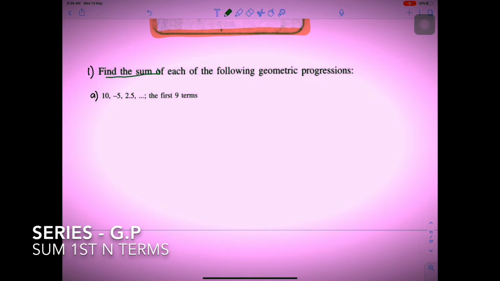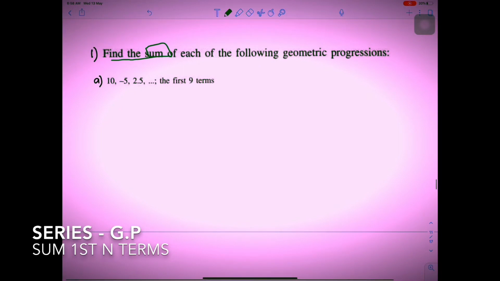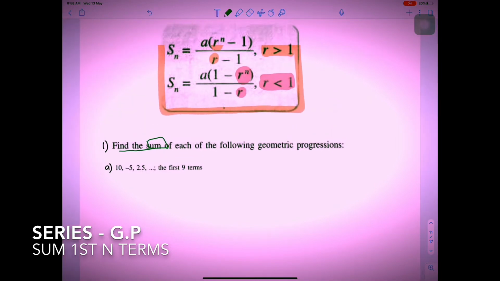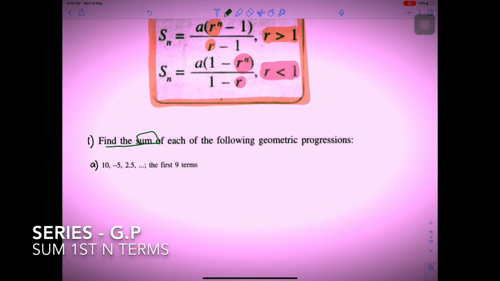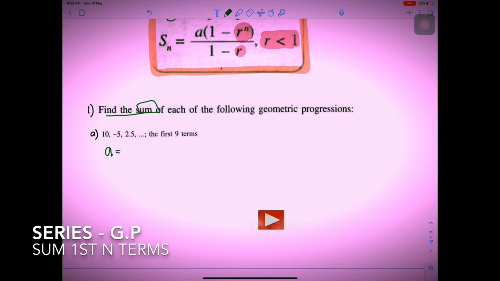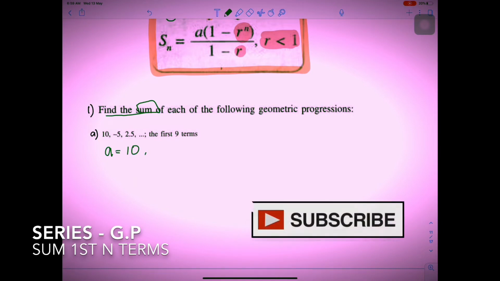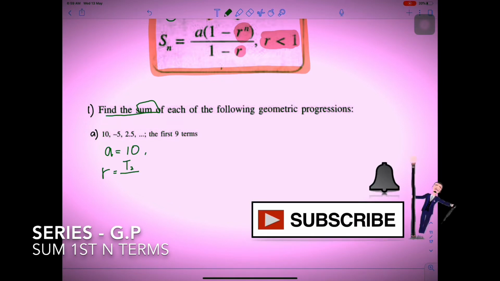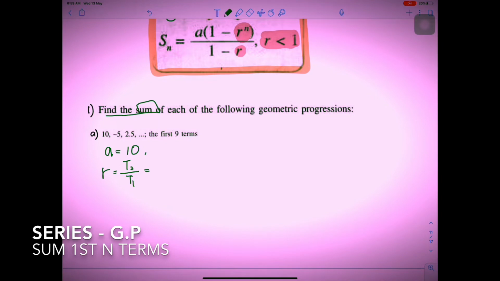Find the sum of each of the following geometric progressions. Let's look at question A. As usual, we collect all the information first, referring to the formula. The formula must contain n, a, or r. First, a equals 10, and then we must determine r, the common ratio. r equals, again I repeat, T2 over T1, so negative 5 over 10 equals negative 1 over 2.